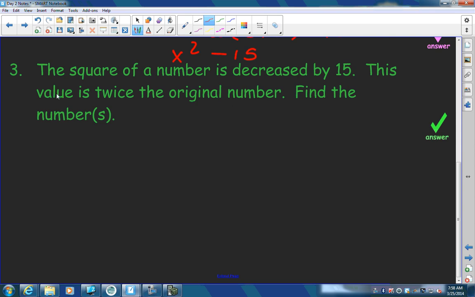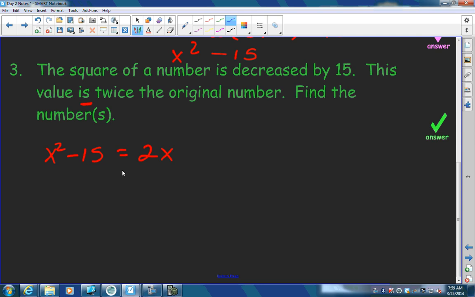This value right here, x squared minus 15, is twice the original number. That one's trickier. This is why I'm going to work on Wednesdays for tutorials. We're going to work on writing the equations from a word problem and just doing the basic things like that.